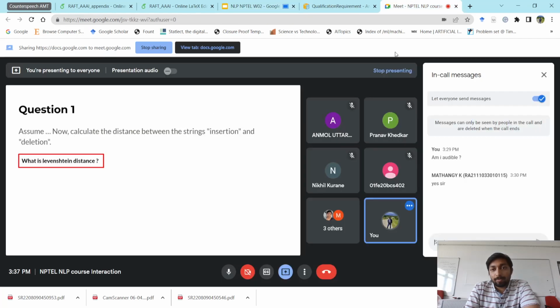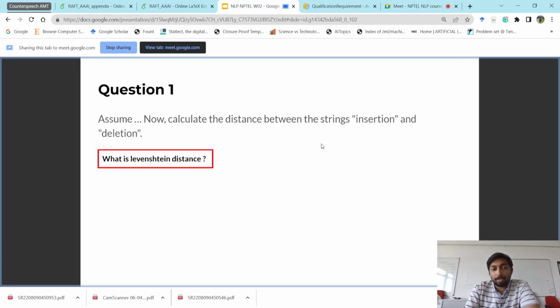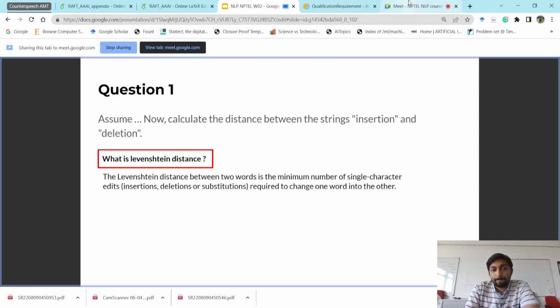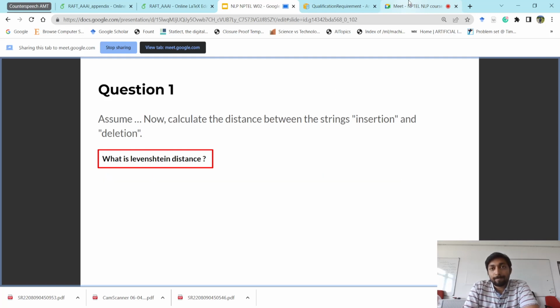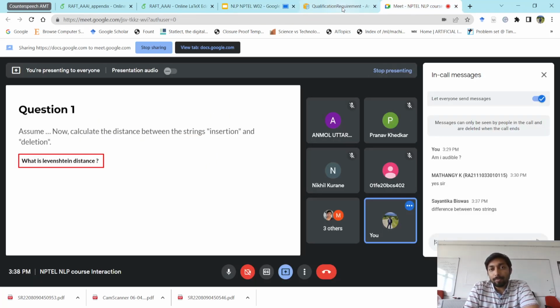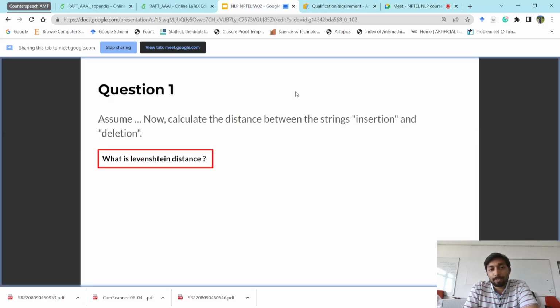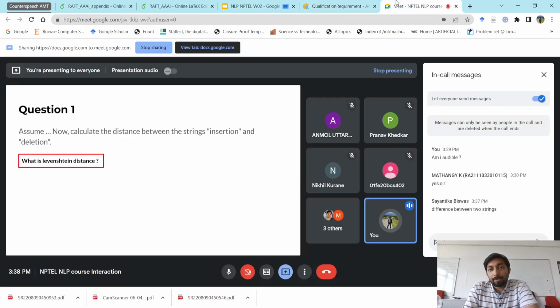Can anyone answer? Maybe in short, 1 or 2 lines you can answer. What is Levenshtein distance? Yeah, in more specific things. Difference between two strings is okay, but how is the difference calculated?